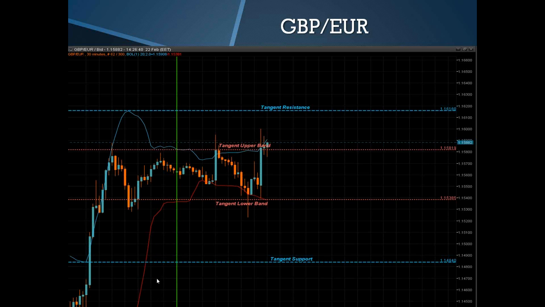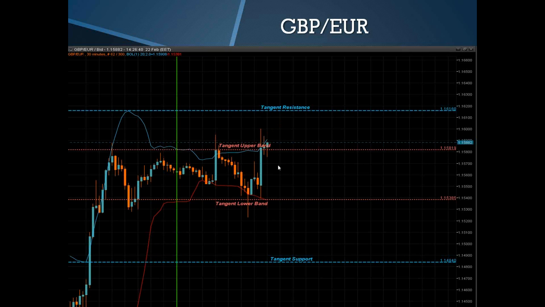Lower than that, there's no point. Now you have your tangent upper band, and you have your tangent lower band.